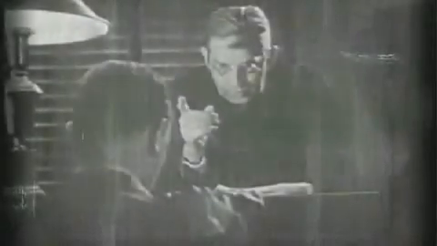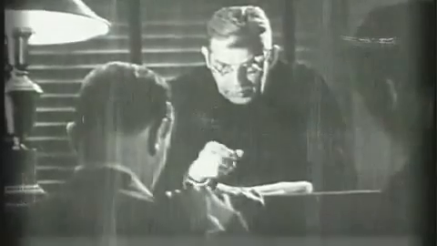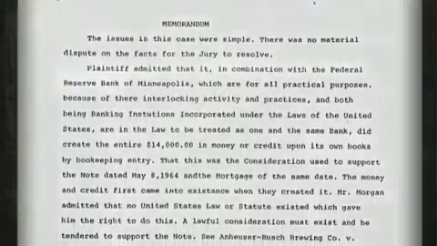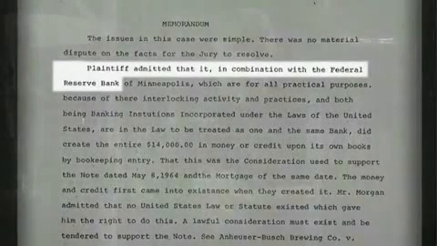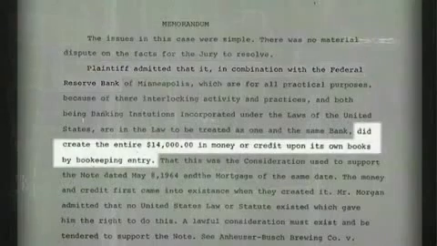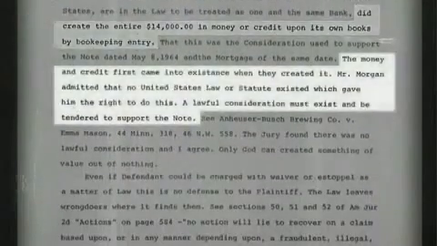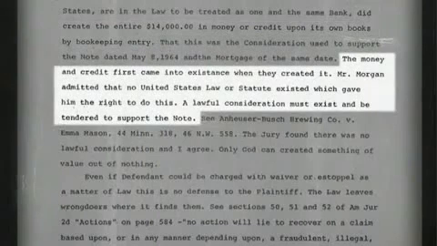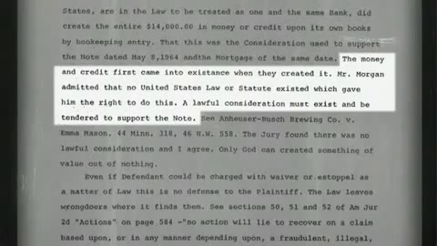As the court case progressed, the bank's president, Mr. Morgan, took the stand, and in the judge's personal memorandum, he recalled that the plaintiff's president admitted that the bank, in combination with the Federal Reserve Bank, did create the money and credit upon its books by bookkeeping entry. The money and credit first came into existence when they created it. Mr. Morgan admitted that no United States law or statute existed which gave him the right to do this.